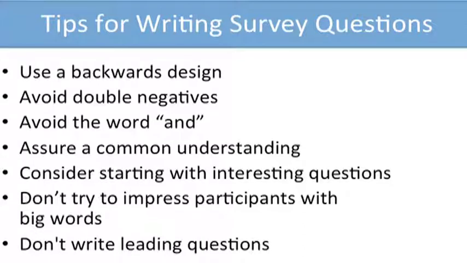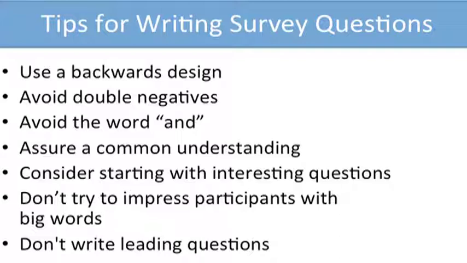This is not what they thought would not be the solution. That can be very confusing. Also, avoid the word and. Typically, if you use the word and, you're actually asking two questions, not one question. So if you see and creeping into your questions, go back and ask, could someone actually answer the question and tell you information about both things, or are they only going to tell you information about one of those two things?